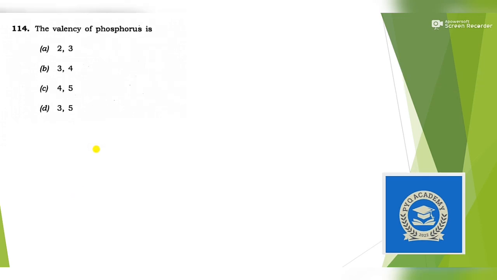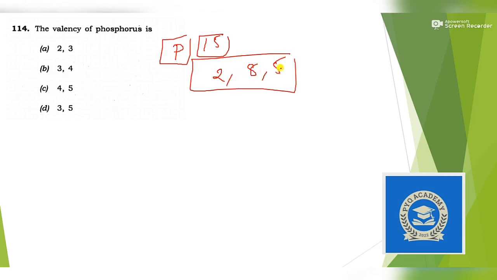Let's move to our next question. Valency of phosphorus. So if you remember that 15 is the atomic number of phosphorus, and if you break it into electronic configuration, we will find 2, 8, and 5. That means either it can donate 5, or it can take 3 to complete its configuration 2, 8, 8.